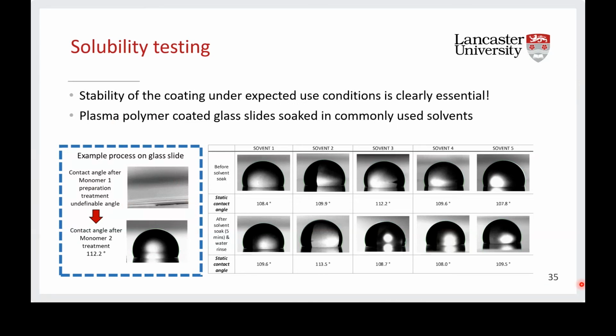All those measurements are single static contact angle measurements, but there is no clear significant change in angle for any of the solvent-soaked samples, which provides evidence towards the coatings being likely to be usable in light solvent use conditions. They're not breaking down.